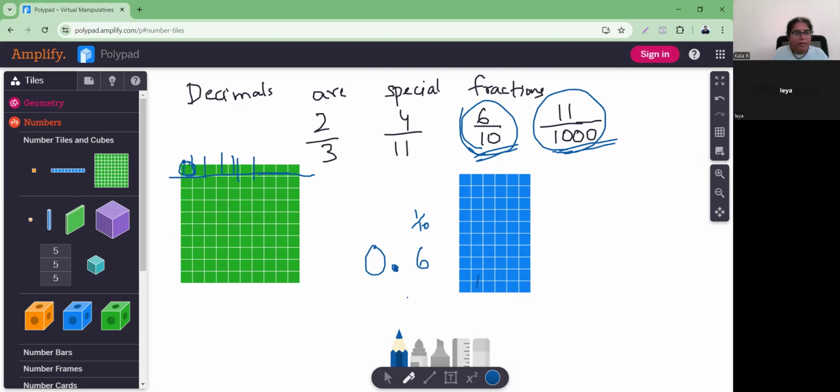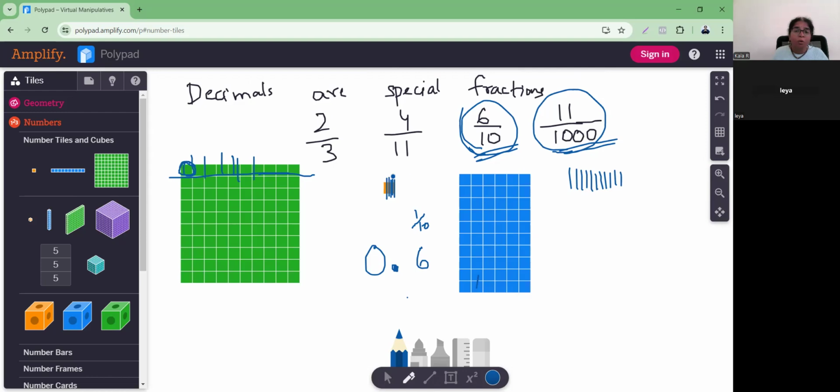This became a 100th, right? Now in this we have to cut. If we are making 10 slices out of this, that will be a 1,000th. So 11/1,000 means 11 such slices we have to keep. 1, 2, 3, 4, 5, 6, 7, 8, 9, 10, 11.